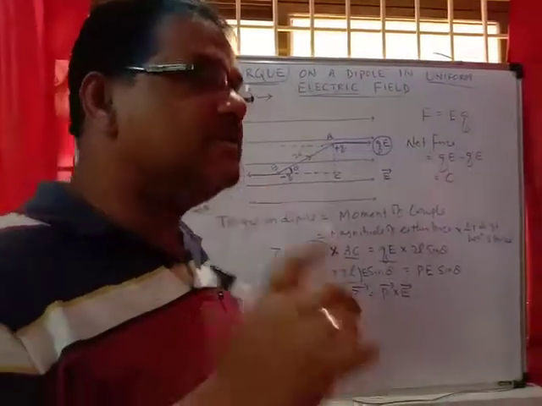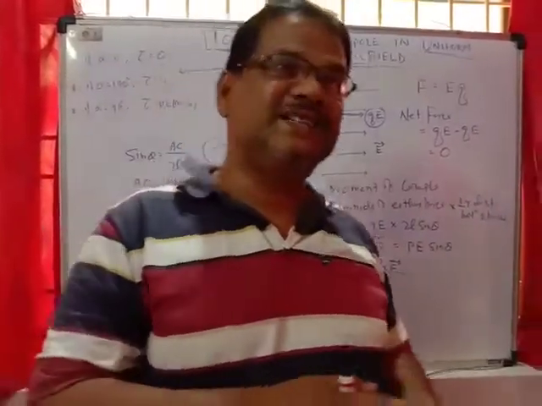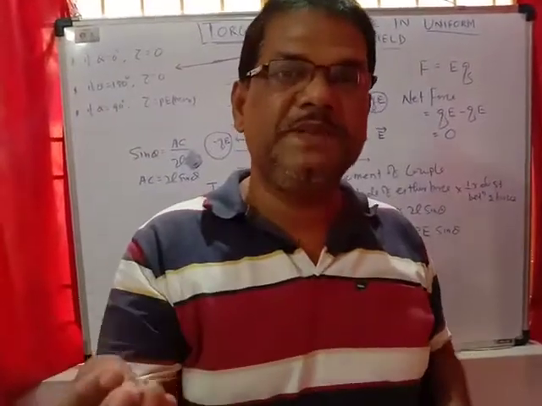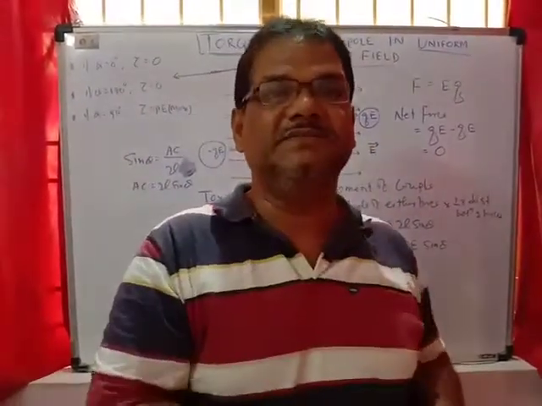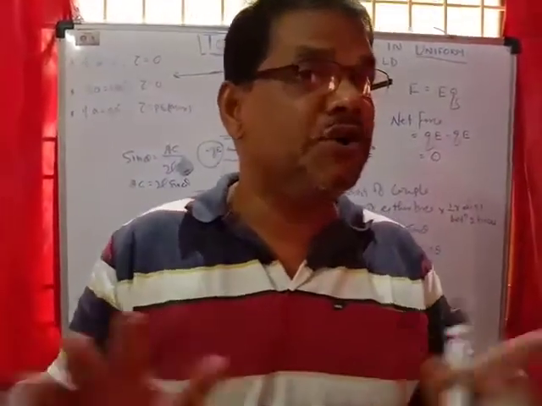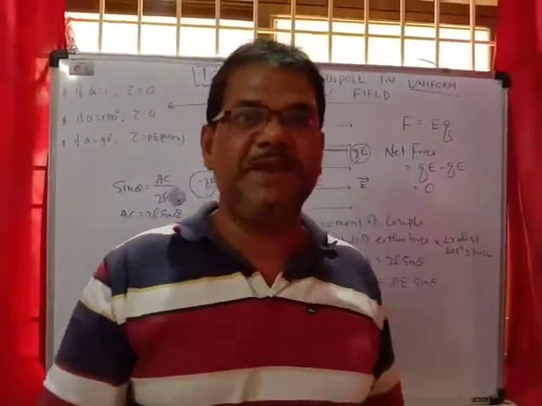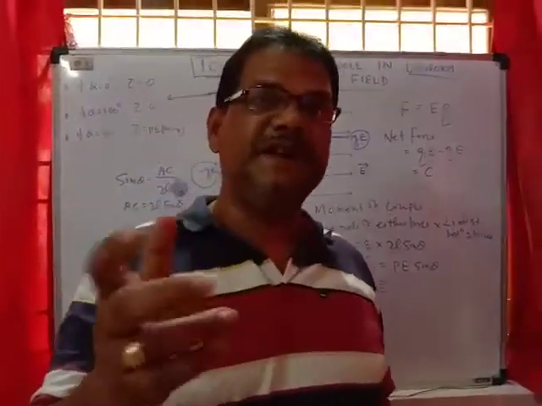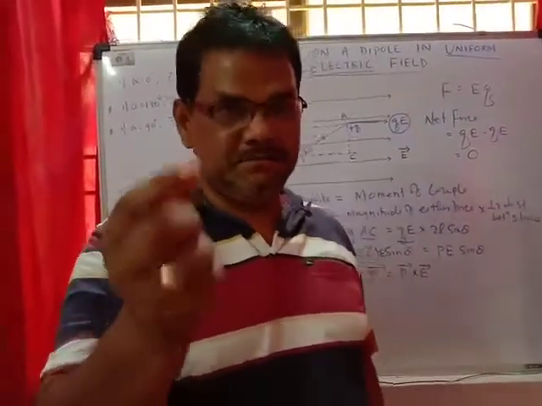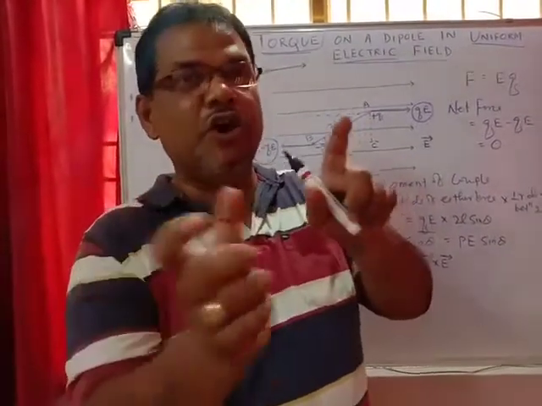For that I would like to give you an example. Whenever a charged comb is kept near small pieces of paper, what will happen? The small pieces of paper will be drawn towards the comb. Why? Because the charged comb produces a non-uniform electric field, and the small pieces of paper, by the method of induction or polarization, behave like a dipole kept in a non-uniform electric field.